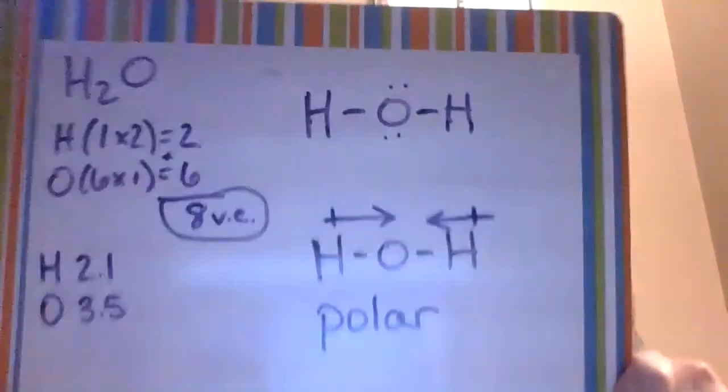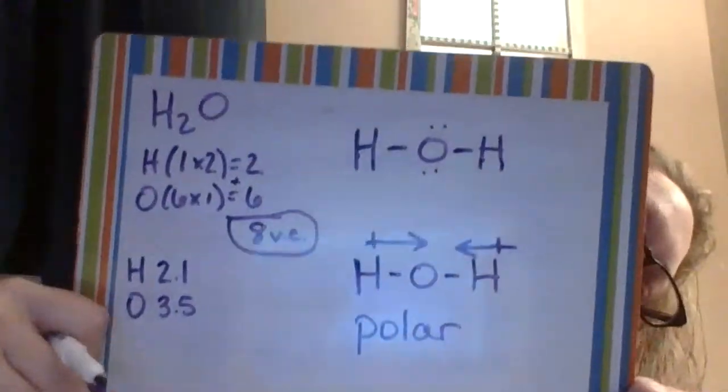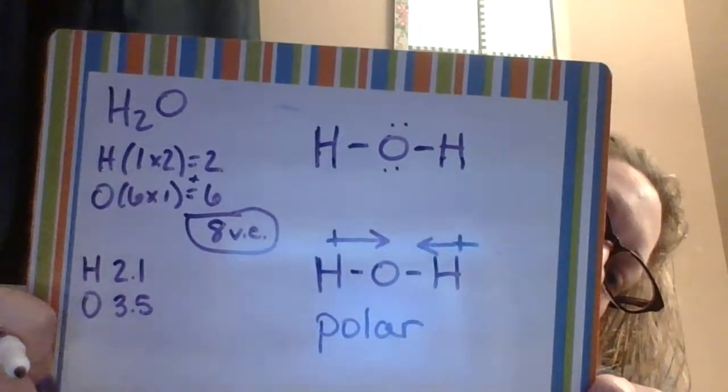So there will be a dipole moment, which means that it is a polar molecule, and there are unshared electrons on the central atom because we cannot share those with hydrogen. Oh, I forgot to put my dots on my O.